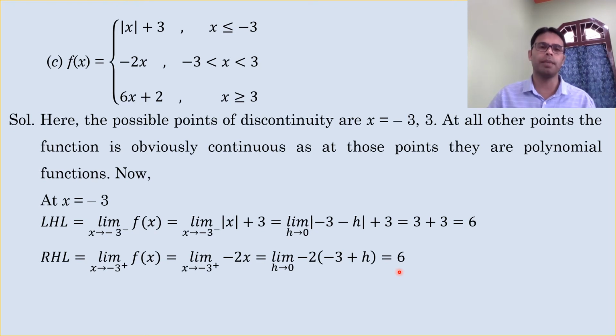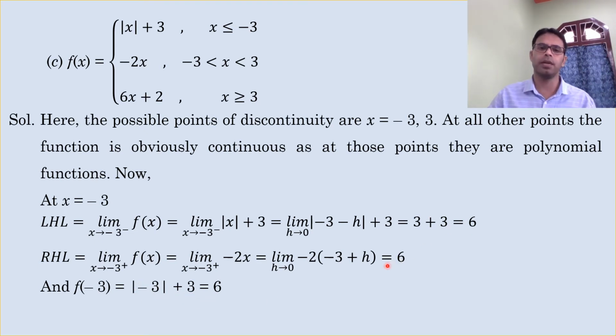So we have to check the functional value also at the point x equal to minus 3. So f of minus 3, directly x equal to minus 3 is in the first line. So the function should be taken as mod x plus 3, and mod x is replaced by minus 3 here, so minus mod 3, minus 3 mod, then plus 3, it is equal to 6.